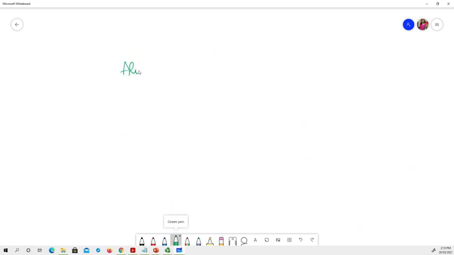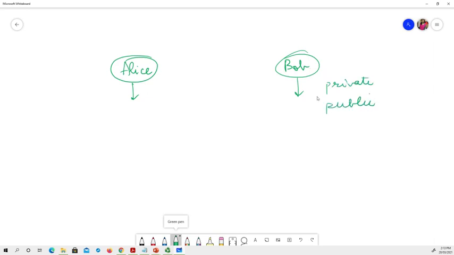If you recall, in my initial classes we discussed this asymmetric key cryptographic algorithm, where Alice and Bob want to communicate with each other. Let us suppose that Alice wants to communicate with Bob. Bob would have a private key and a public key. Bob keeps the private key with himself and sends out the public key.